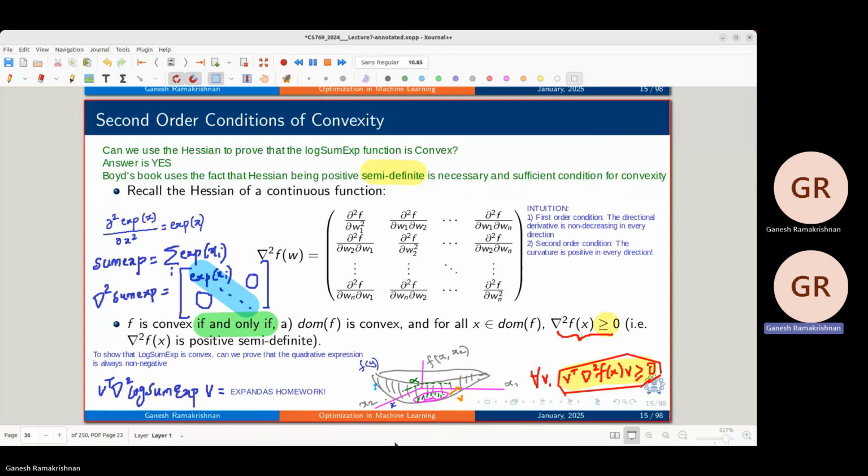Remember, a matrix is positive semi-definite if, just to remind you, for all v you have v transpose Hessian v greater than or equal to 0, for all directions v. So you take any direction v, a quadratic around that point based on v should have positive curvature.